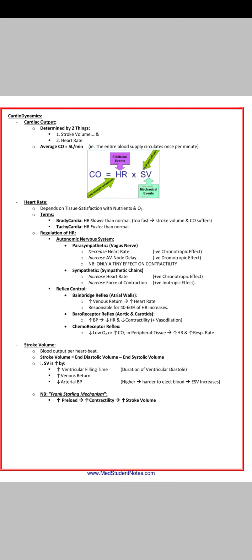When the venous return or the atrial contraction increases, the stroke volume increases. Only atrial blood pressure is inversely proportional. When the atrial blood pressure is higher, it is hard to eject blood, so it causes the ESV to increase.